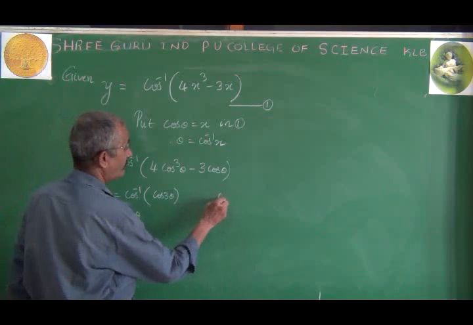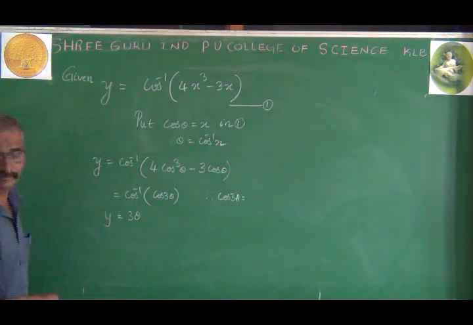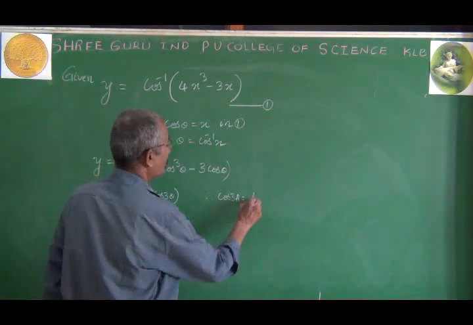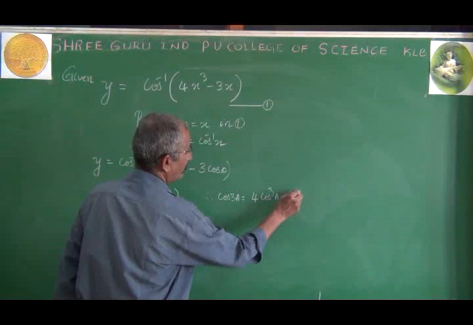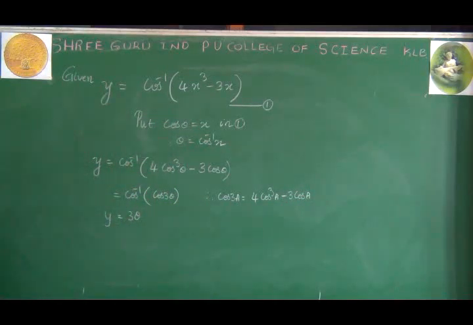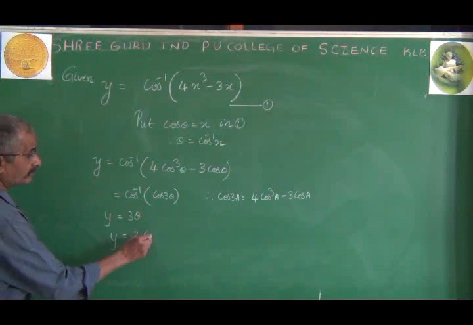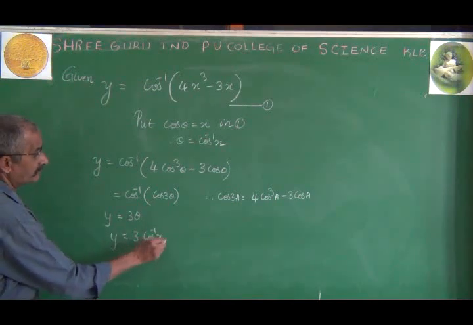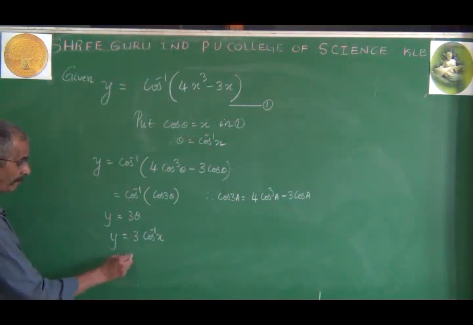Since the cos 3a formula is 4 cos cube a minus 3 cos a, y equals 3 into theta. Theta means cos inverse of x. Now differentiate.